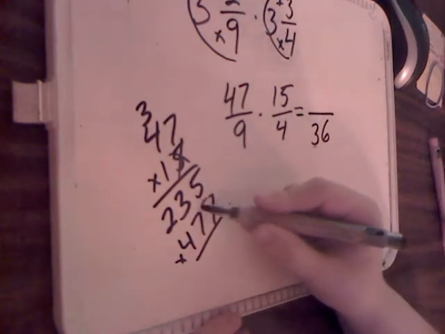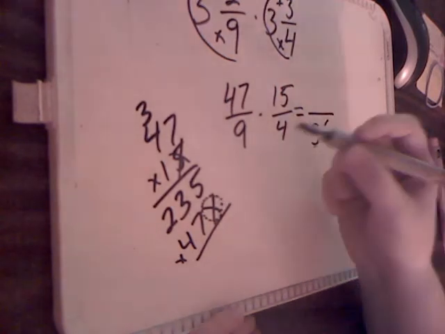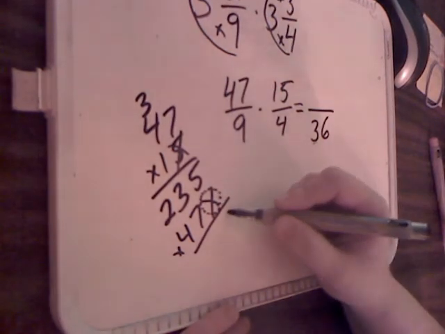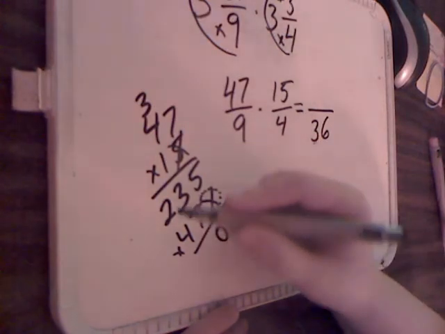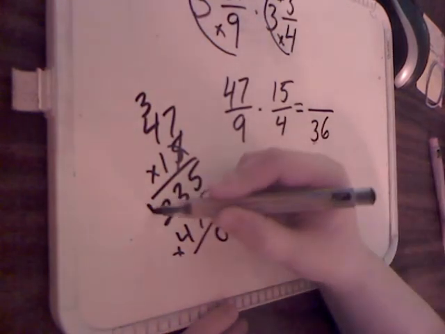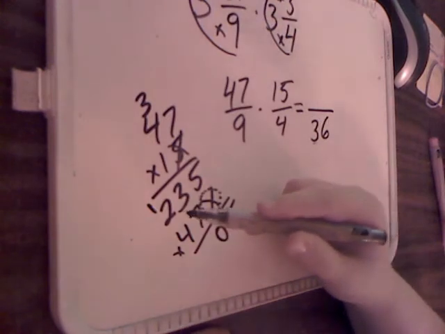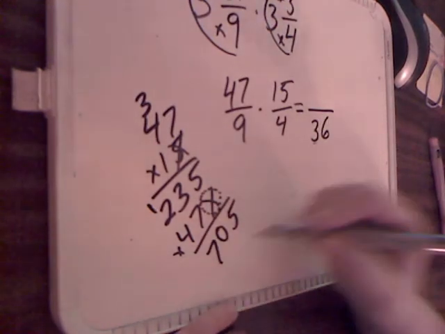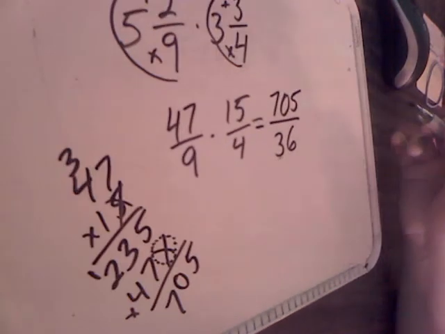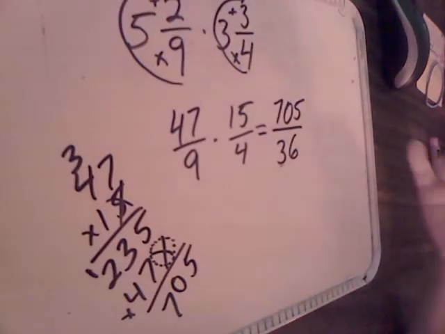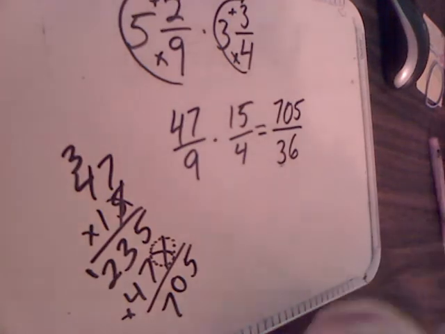Remember that this x is the same thing as an invisible 0, so 5 plus 0 is 5. 7 plus 3 is 10. Carry the 1. 4 plus 2 plus 1 is 7, so we have 705 over 36.